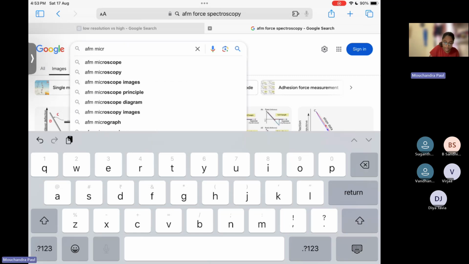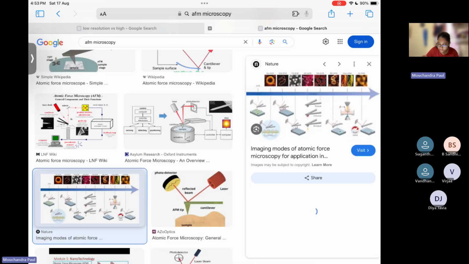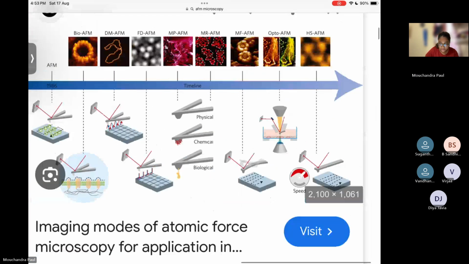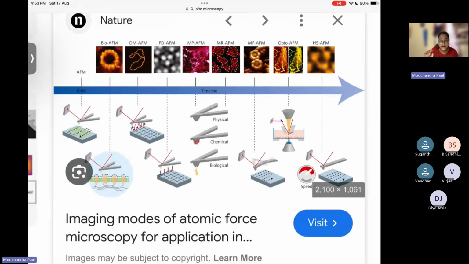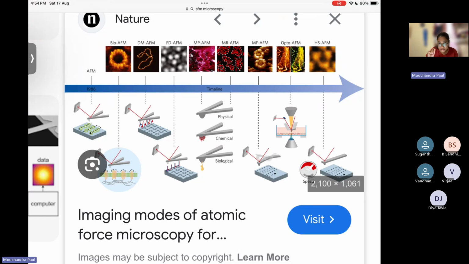Now, the next technique that was mentioned in that list is AFM, that is called atomic force microscopy. So here, what is happening? Here is a fixed substrate, like a blank or something like that, and on one end of it, there is a tiny tip.